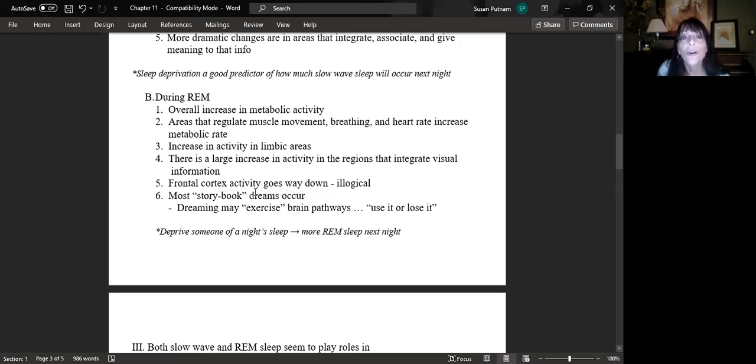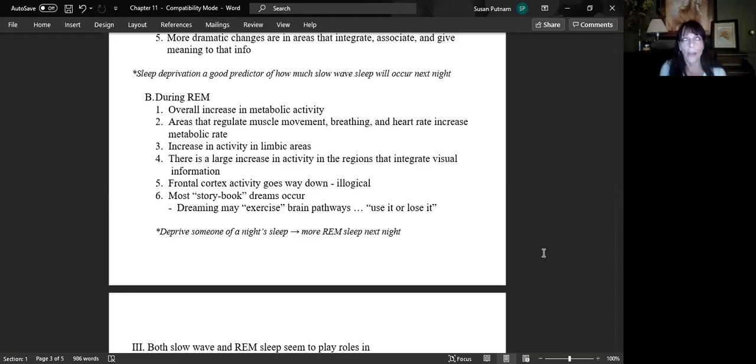The frontal cortex activity, though, goes way down, illogical. Most storybook dreams occur during REM sleep. And if you put together these different factors, which regions of your brain are increasing in activity, and which ones are slowing down, it kind of makes sense.